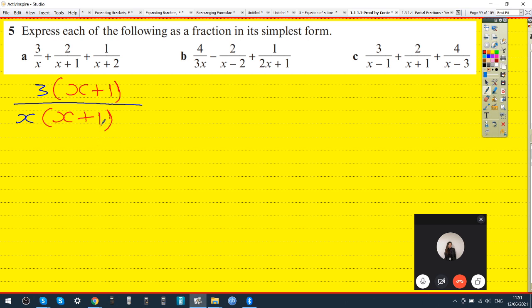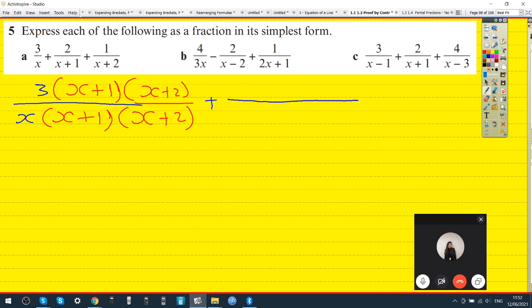What will be the overall common denominator for all three? It will be all three multiplied together. And so what's the middle one?